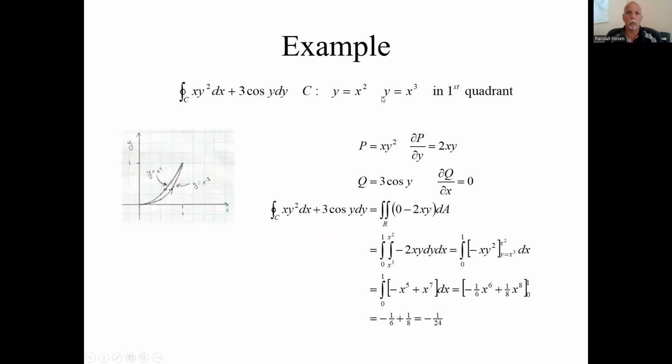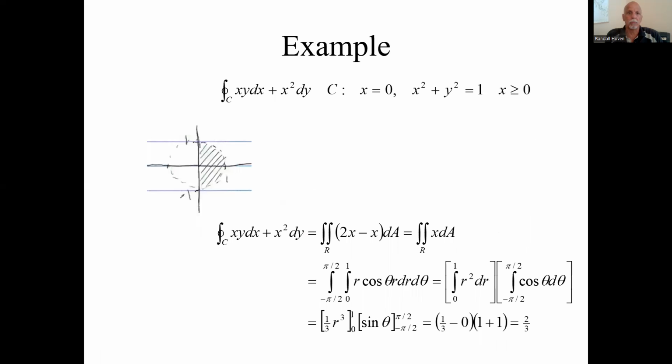Do one more. How many more we got? Two more examples. So here we go. Bounded by x equals 0, so there's that line. This guy, a circle of radius 1, and x is greater than or equal to 0, so the path encloses that region. It's this semicircle.